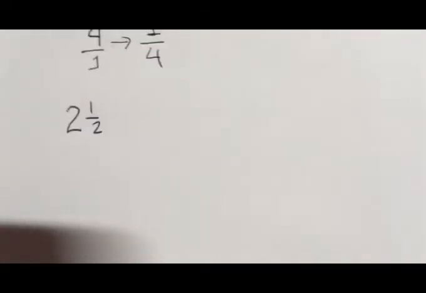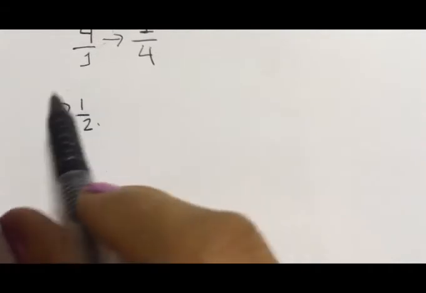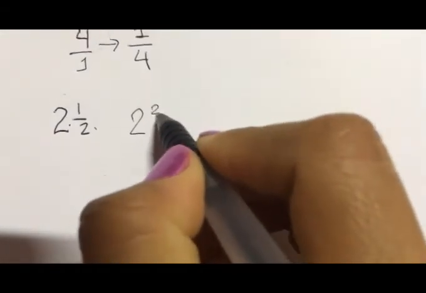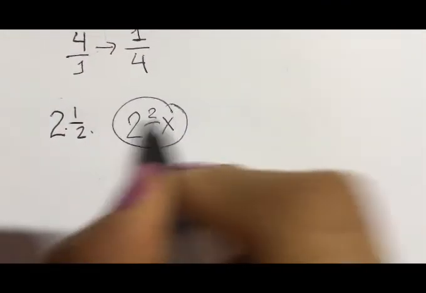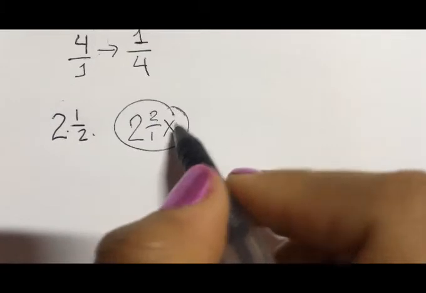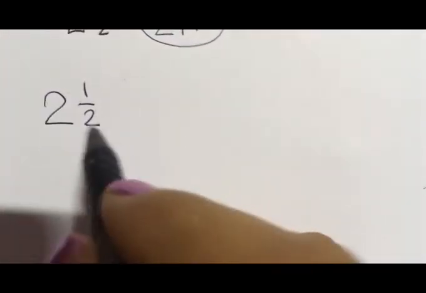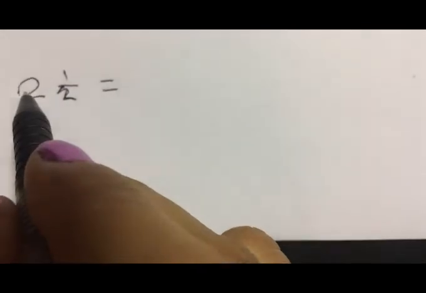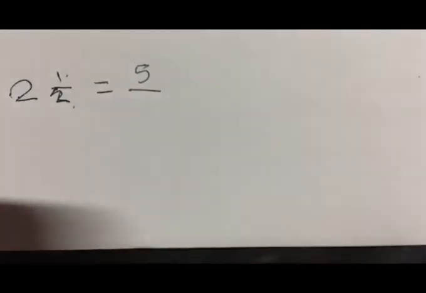That's another case here. We have a mixed number. But I can't do this with a mixed number. Please don't do this. Never. This is not correct. The correct way to do it is this. First you need to rewrite it as an improper fraction. 2 times 2, 4, plus 1, 5.